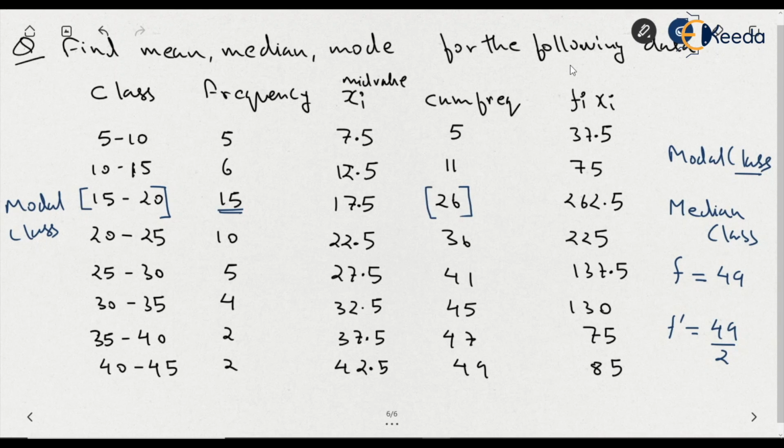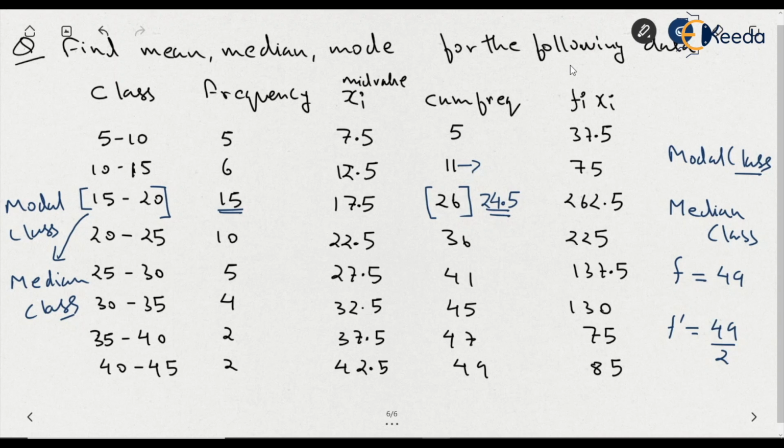Because we want 49 by 2, which is 24.5. So 24.5 is between 11 and 26. So up to this interval 10 to 15, the cumulative frequency was 11. From 15 to 20, the interval is between 11 to 26. So this is going to carry 24.5. So the same class is going to be the median class, right?